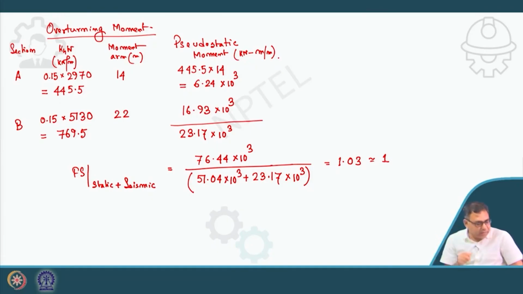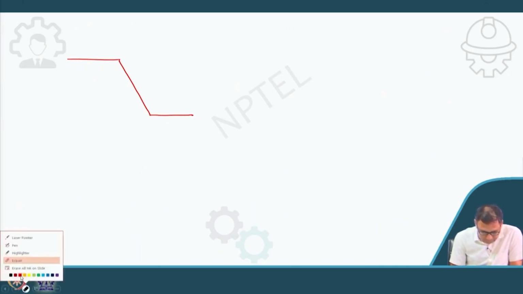Okay. So, for example, if we have a slope, and this is your failure surface. Okay.